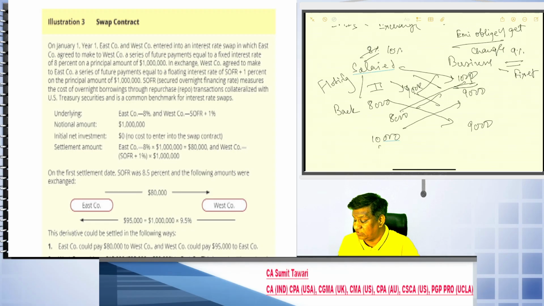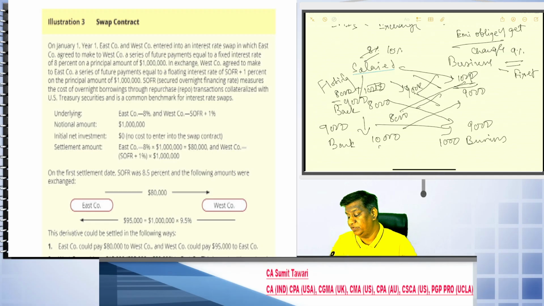The salaried person pays the bank 10,000, and he can recover 1,000 from the businessman. So his net obligation is always 9,000. Here also 8,000 to the bank plus 1,000 to the businessman, and the net obligation is again 9,000. So this way this transaction gets managed.